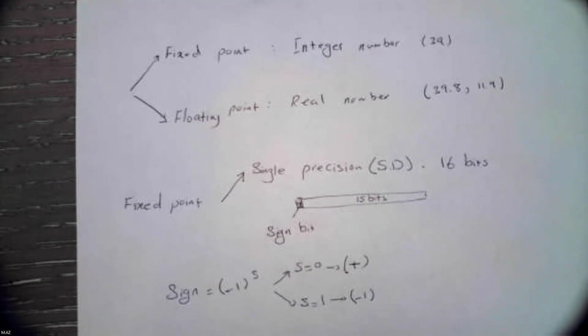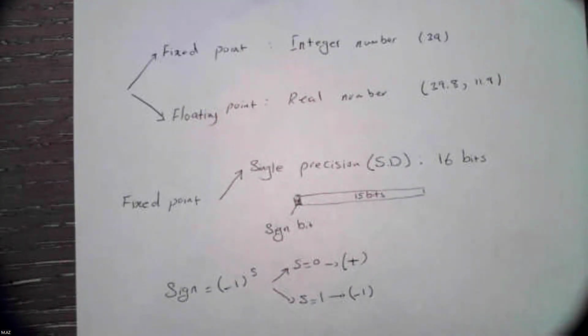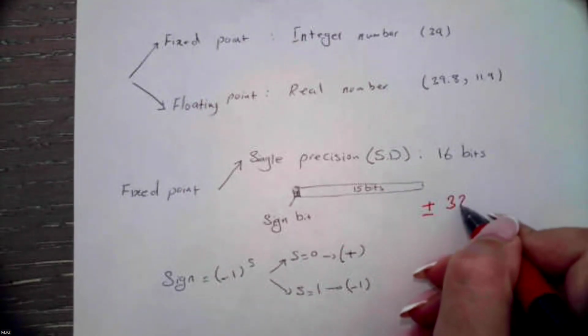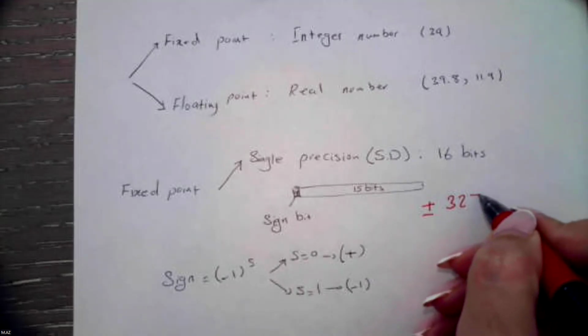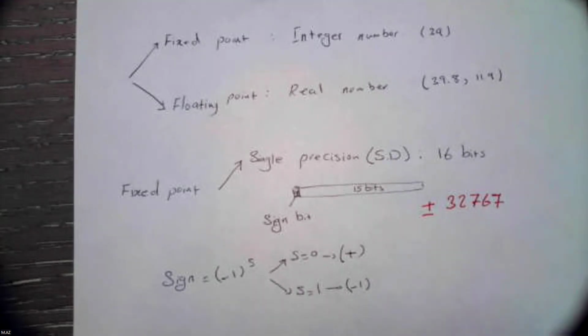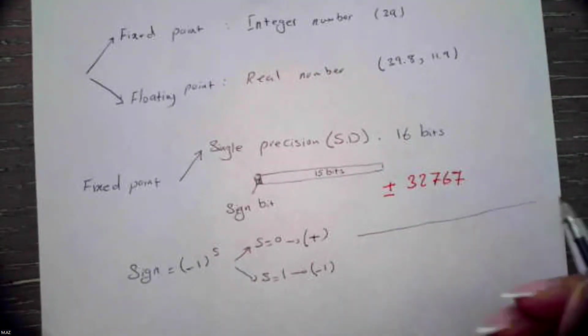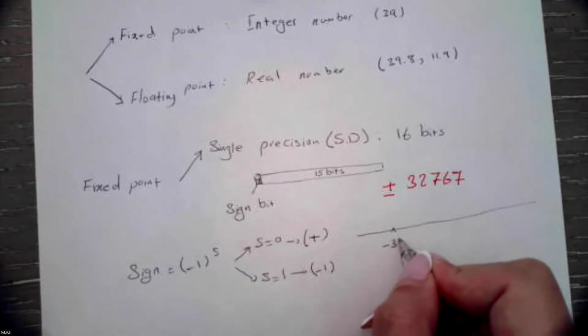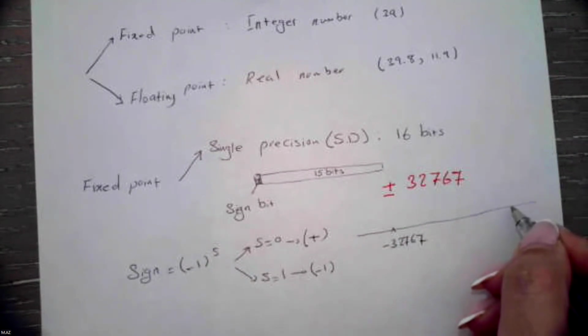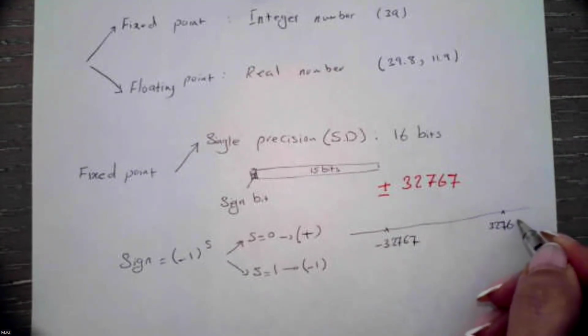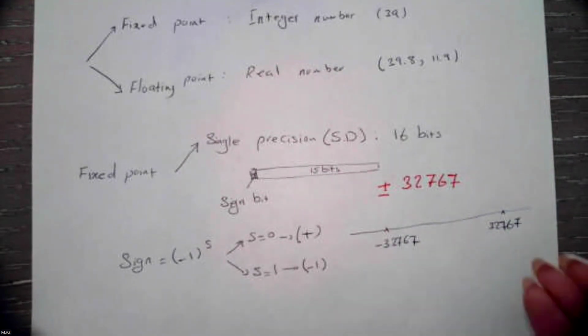And the largest single precision integer that the computer can write is plus or minus 32,767.